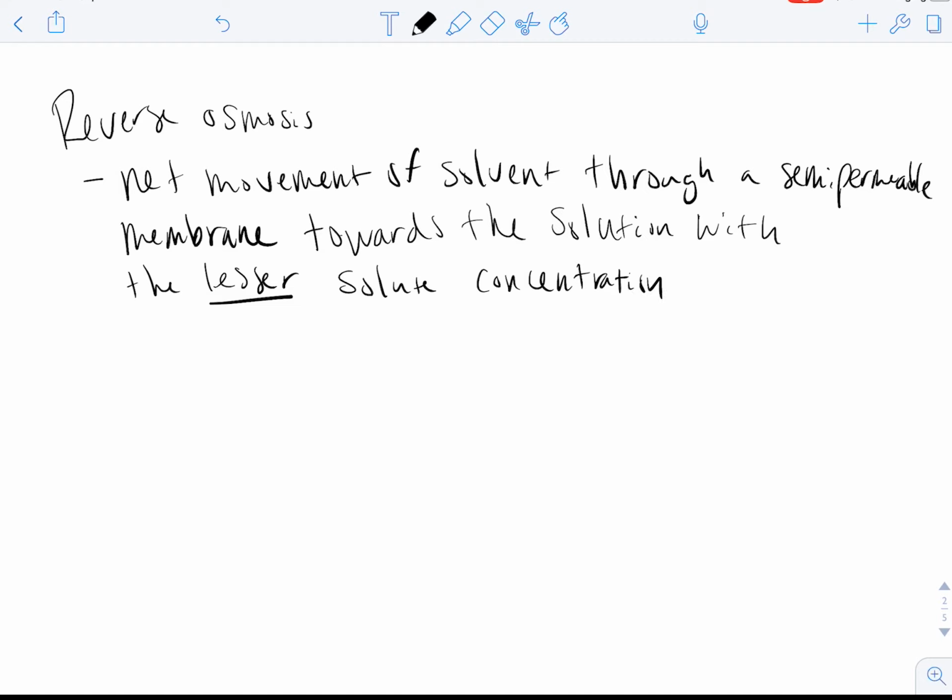Again, opposite of what we generally think of. And we can do this by applying a pressure greater than the osmotic pressure on the solution.